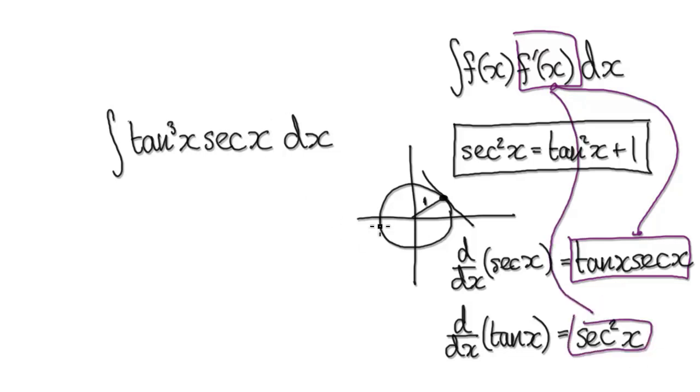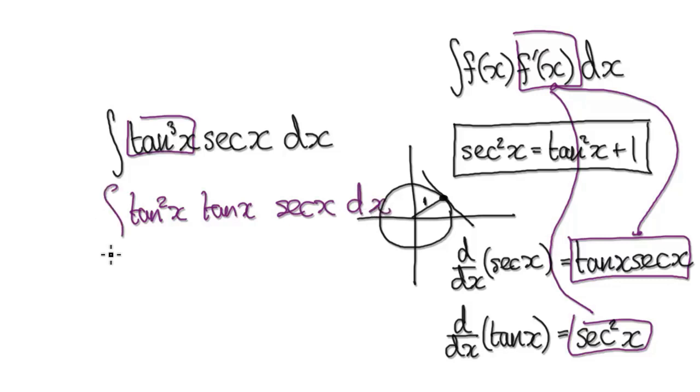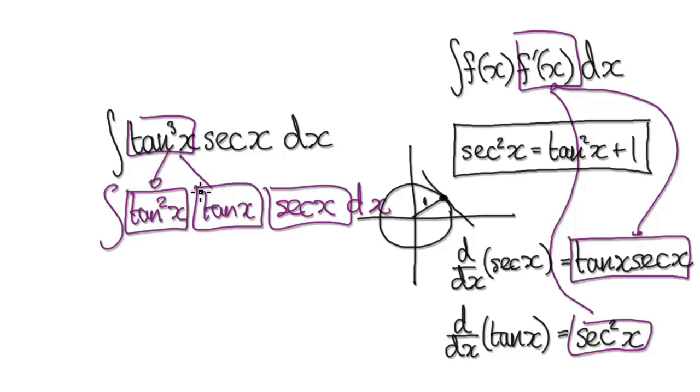As it turns out, you can break this tan block up into tan squared x, and then tan x secant x dx. So you can break this up as two blocks. You've got tan squared, and then extract one block of tan, and then merge these two blocks together, and that will give you this thing here.